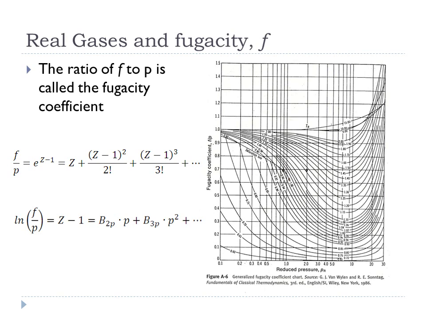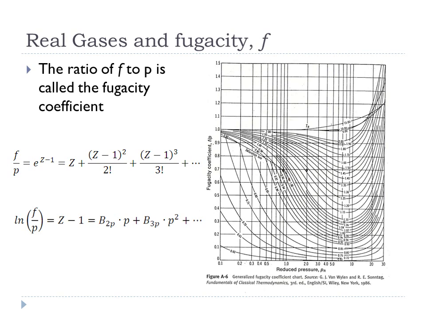If you see here, at very high reduced temperatures and for low values of PR, you're at a fugacity coefficient of 1, meaning you can treat it as an ideal gas. So when you're above a reduced temperature of 2 and the reduced pressure is less than 2, then the ideal gas law is perfectly valid.